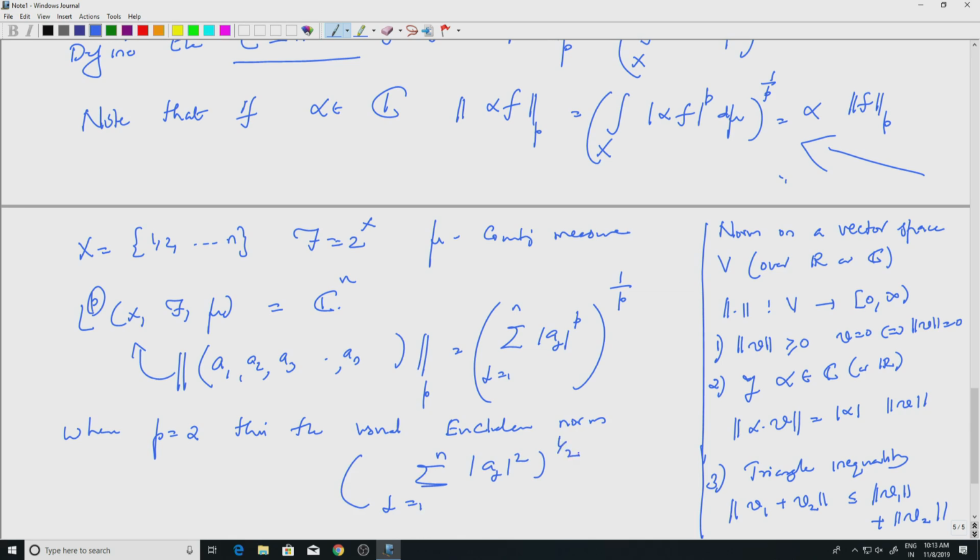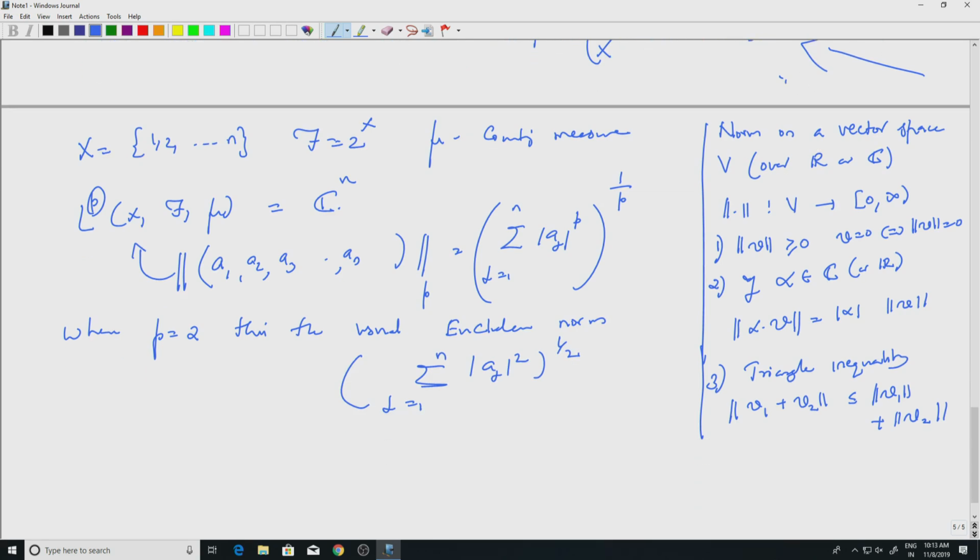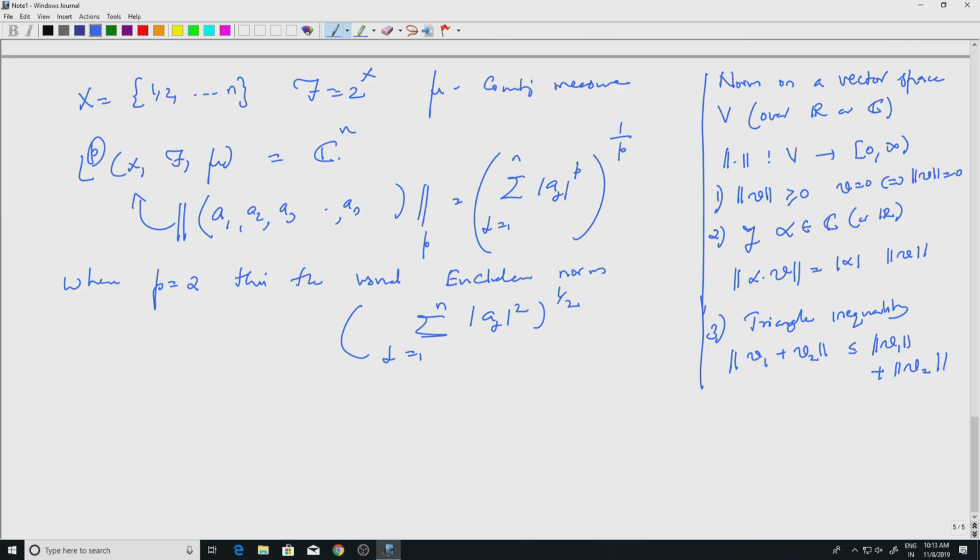So the P norm generalizes the L2 norm. Of course, we have to show that it is a norm. We haven't done the triangle inequality, for example, for the LP norm. So we will do this in general.